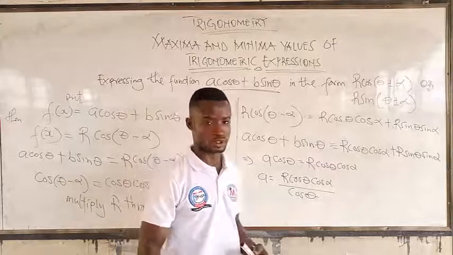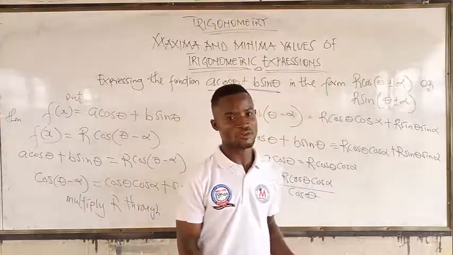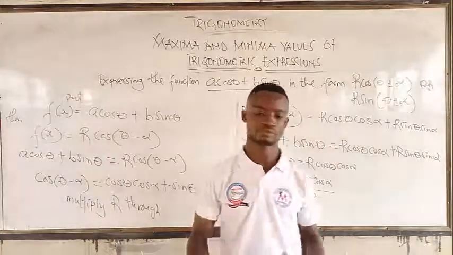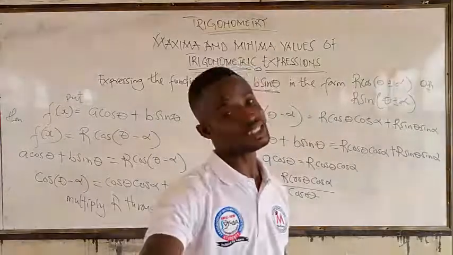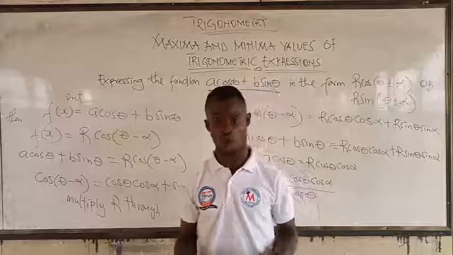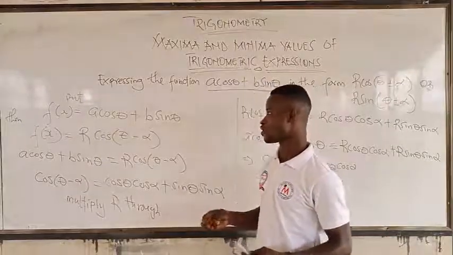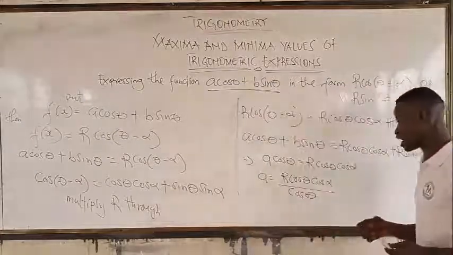I should have explained this to you initially. Now, don't forget that the a and the r, they are quantities that we are to look for. The a and the r, they are quantities that we are looking for.